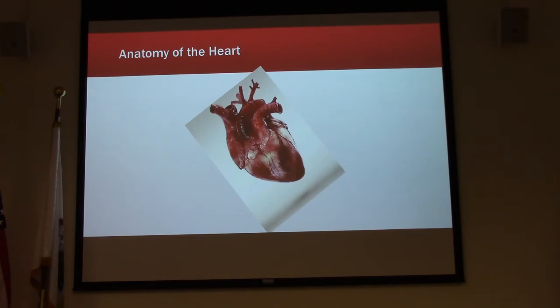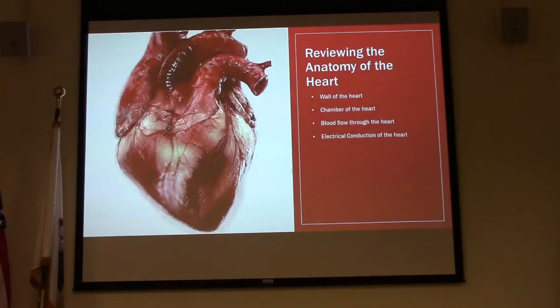Now, to start off with, our heart, obviously, sits in the chest. The apex of the heart, or the top of the heart, sits more anterior, whereas the base of the heart sits more posterior. So it's not straight up and down like you see right here in the picture. It's tilted backwards a little bit more.